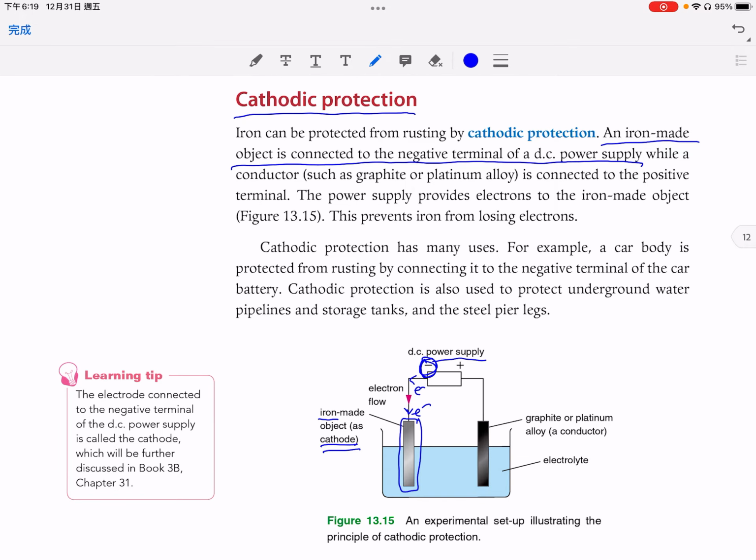And that's why the name of this method is called cathodic protection, meaning that the iron-made object is made the cathode. As the power supply can provide electrons to the iron-made object, therefore, the iron is not going to rust.